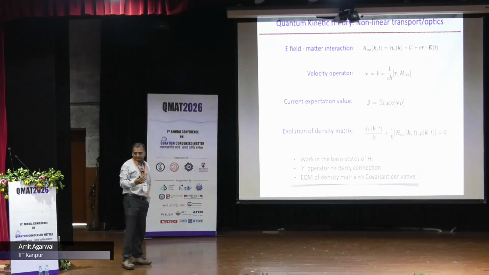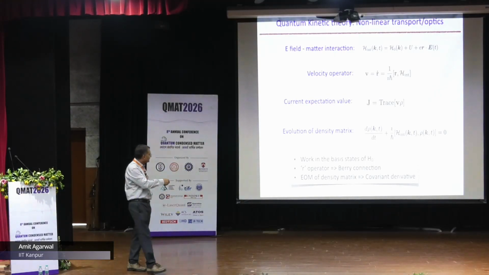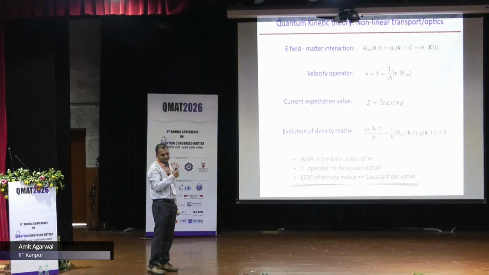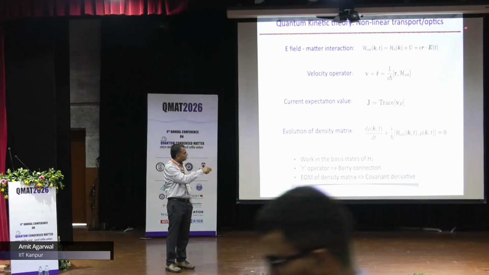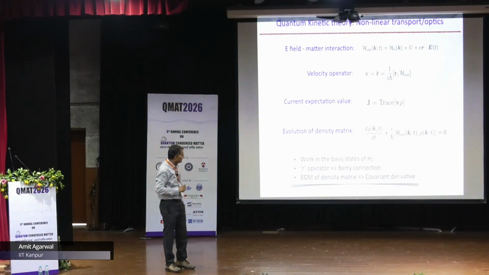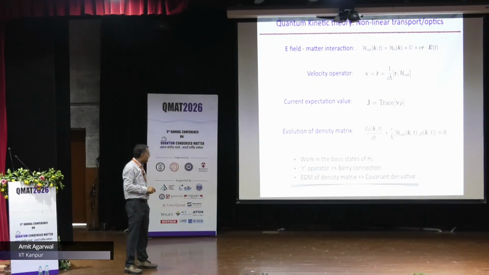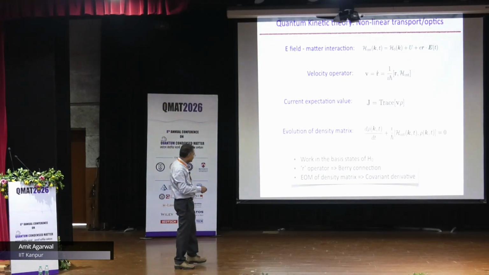All the dynamics, the wave packet dynamics, etc., goes in the dynamics of the density matrix, which I should calculate self-consistently using the fully non-perturbative H0, which is the bare Hamiltonian, plus disorder effects or interaction effects, whatever are needed, plus light matter or electric field induced perturbation in the Hamiltonian. And you work in the basis states of H0 because that is the only definite quantity that we have.